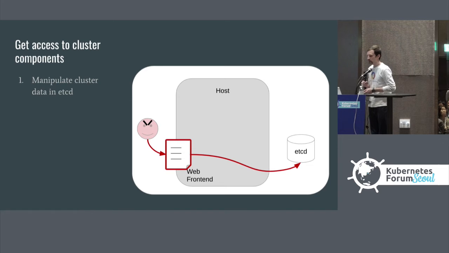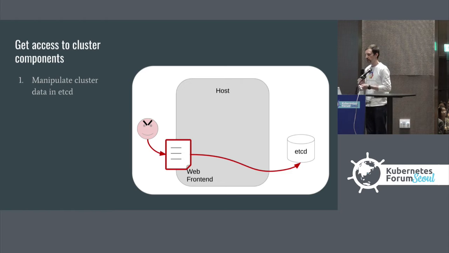Another problem that typically happens in clusters, and a way that somebody can attack a cluster, is to get access to cluster components and manipulate them. One typical thing is, if you've provided your etcd that the API server uses to the cluster, then an attacker could interact with etcd and bypass the API server completely.